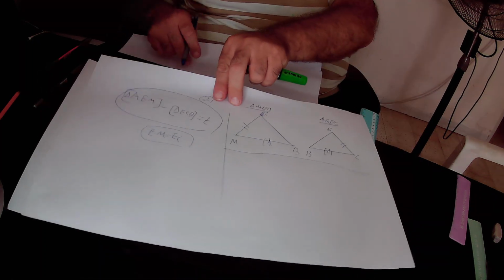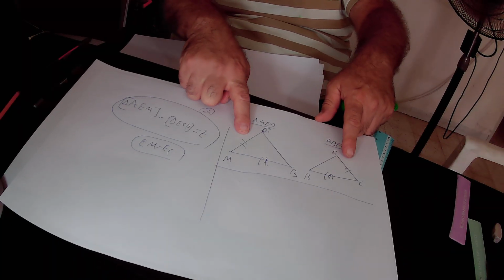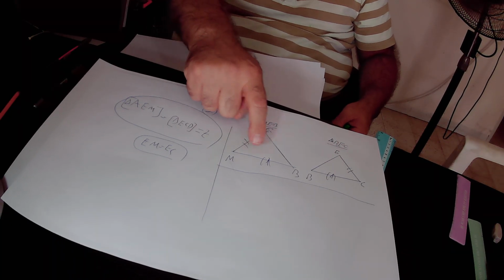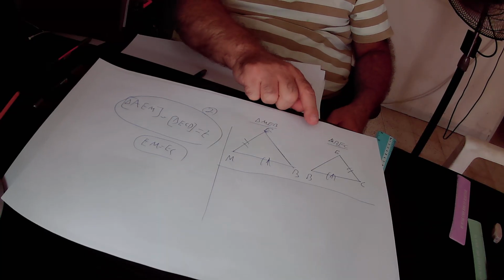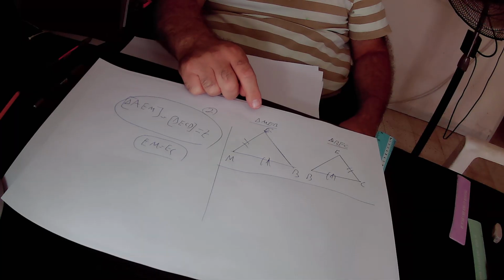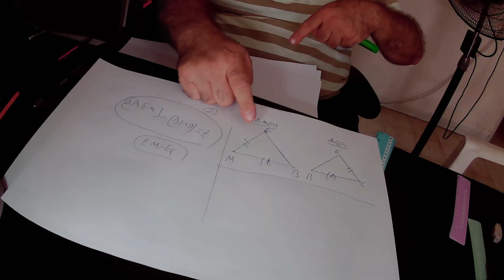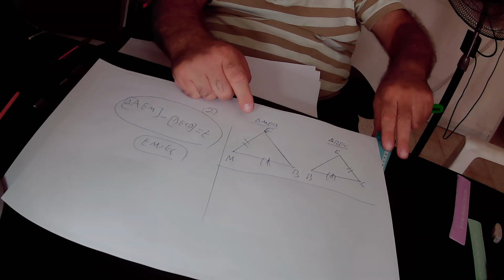Okay, those are the two triangles. This is triangle EMB, this is triangle EBC from the original drawing. So why can those two triangles go into each other? First of all, EB equals EC. We also know that EM equals EC.